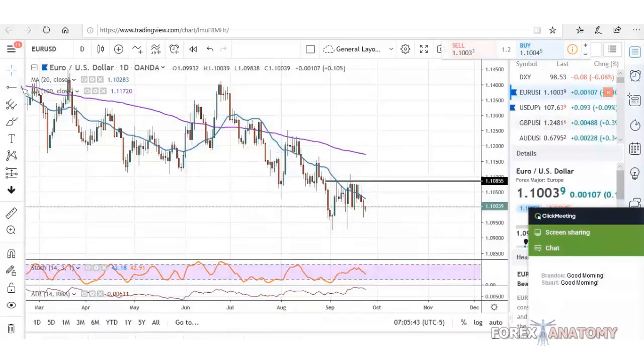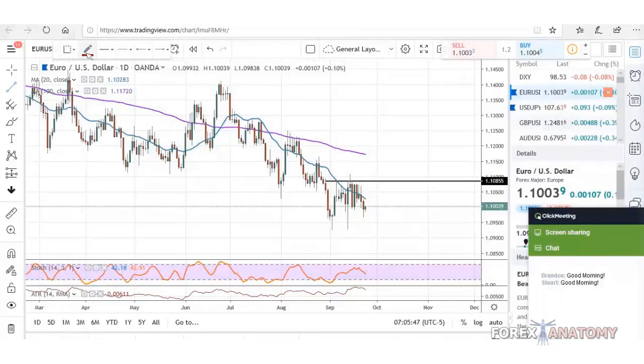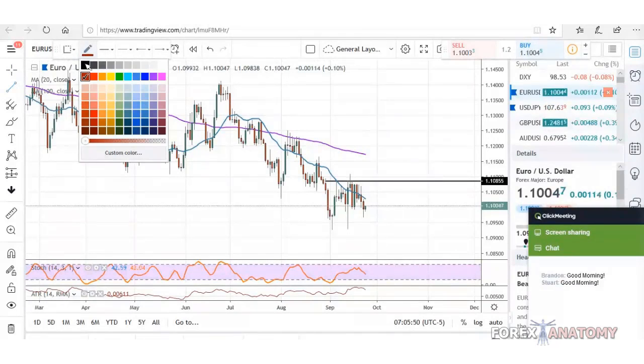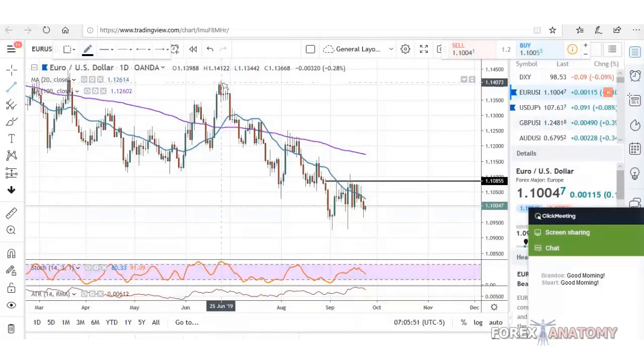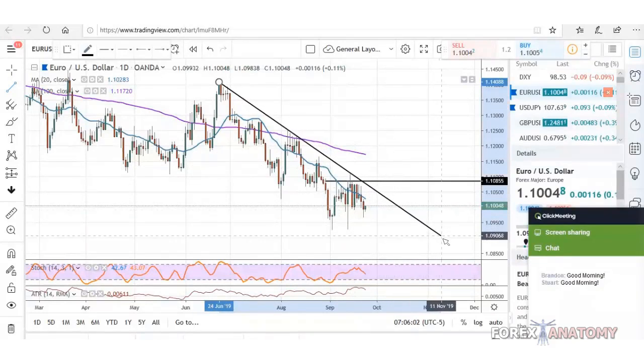So what we're going to do now is some technical analysis. For starters, I'm going to draw in a trend line. We have this trend line here from this high all the way down to these highs right here. So let's draw this descending trend line resistance.